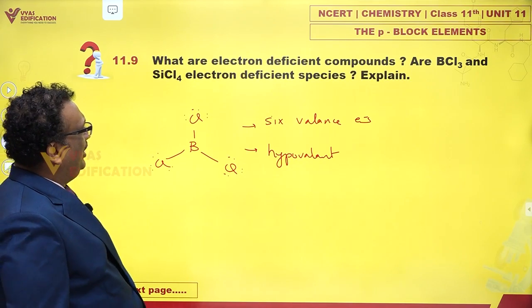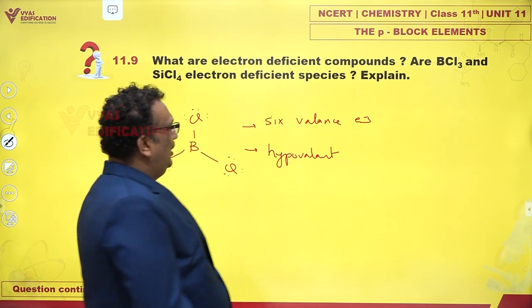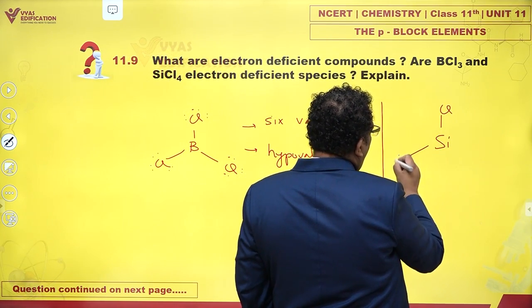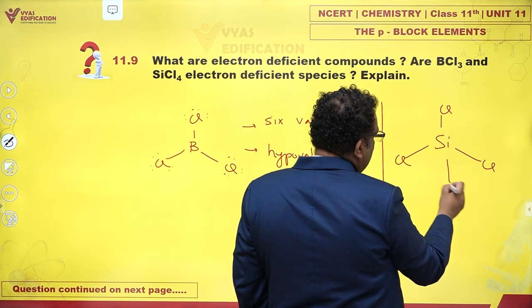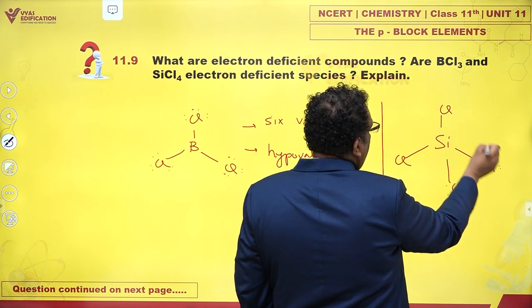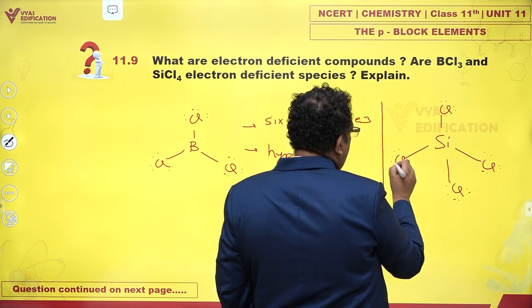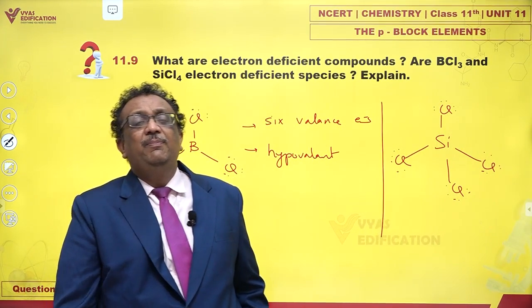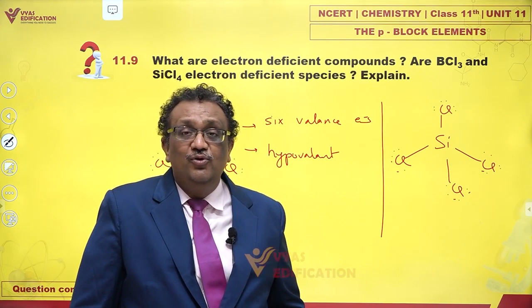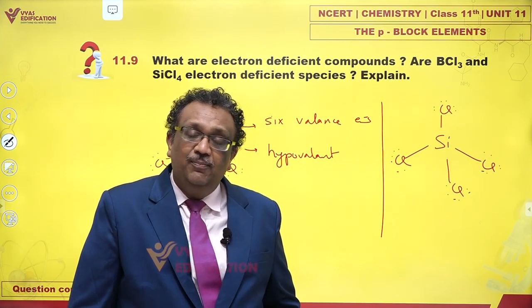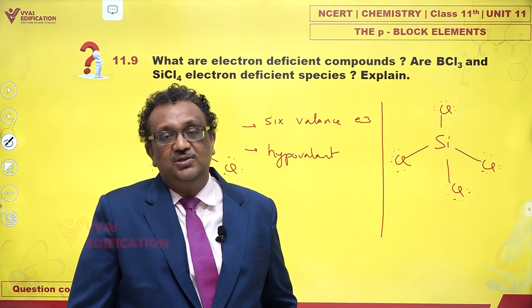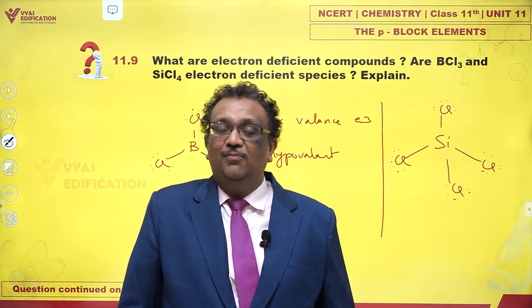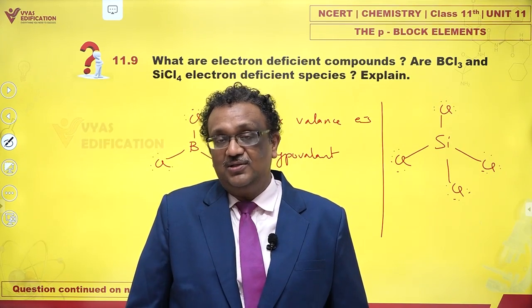Is SiCl4 electron deficient? Well, if you use only this much as a criteria, SiCl4 also may be counted as something which has a complete octet of electrons. And since it has a complete octet of electrons, people would tend to say that SiCl4 should not be an electron deficient compound. It is not hypovalent. Yes, it is not. And by classical means, it is not an electron deficient compound because it has a complete octet.